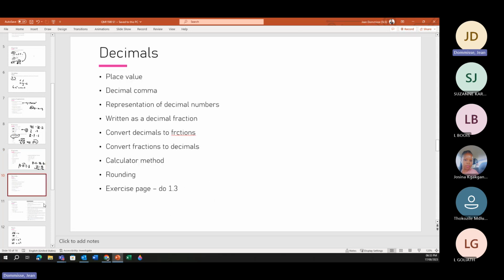Okay, then if you look at the decimals that you have done already, you need to nearly know how to work with the decimals. If you look in your study guide, that exercise page, exercise 1.3, that's a very nice one to nearly look at and to cover.